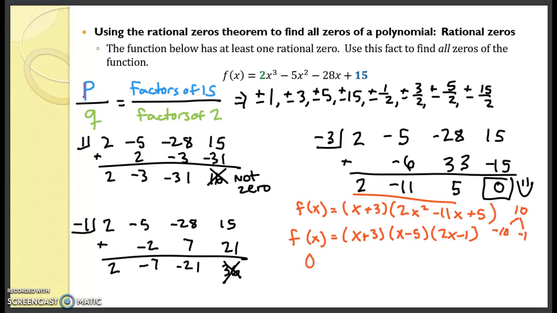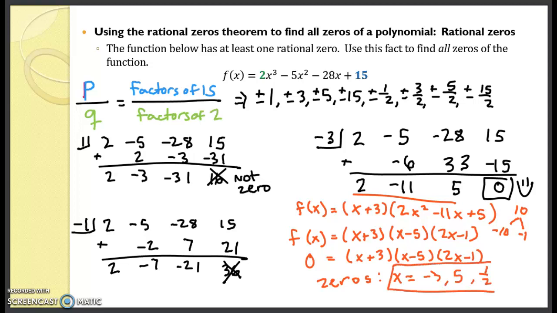Now we find our zeros by setting the function equal to 0, and then each piece equal to 0. And once we do that, we'll end up getting our zeros are wherever x equals negative 3, 5, and 1/2.